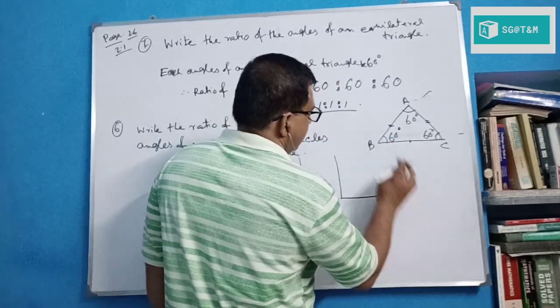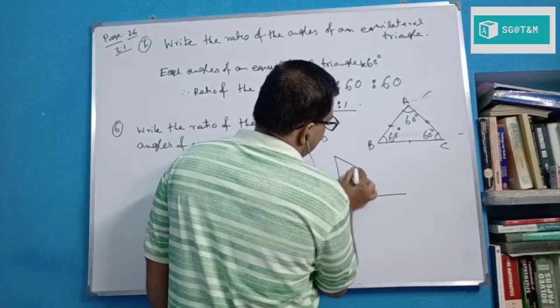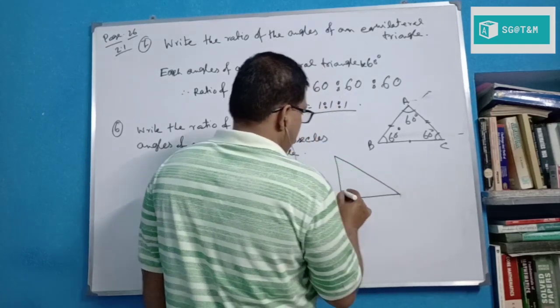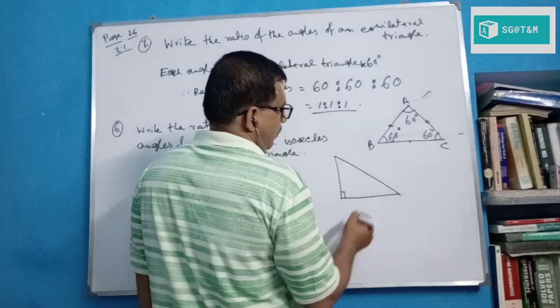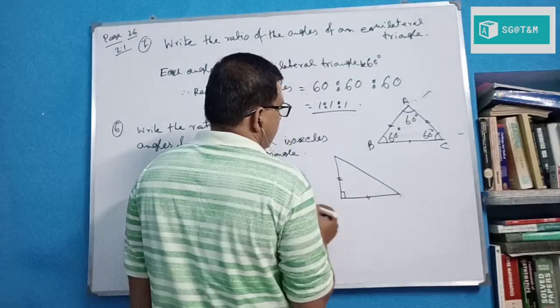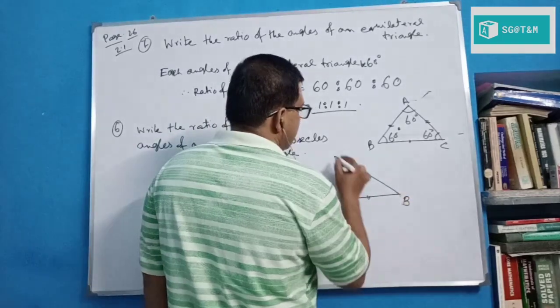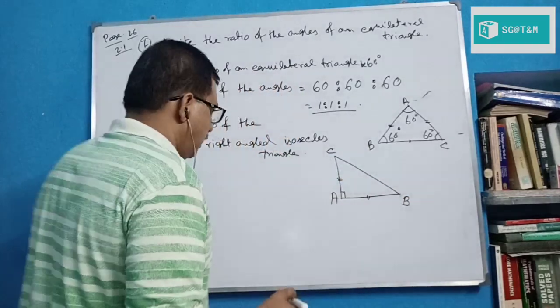A right angle isosceles triangle means one angle is 90 degrees and the other two adjacent sides are equal, obviously. Suppose this is A, B, C, a right angle isosceles triangle.